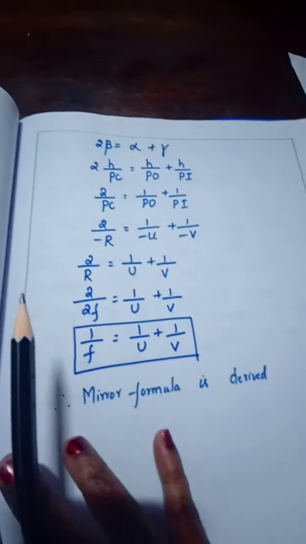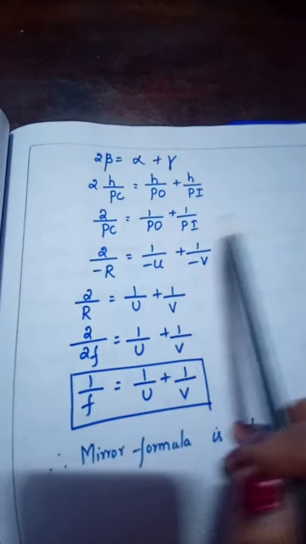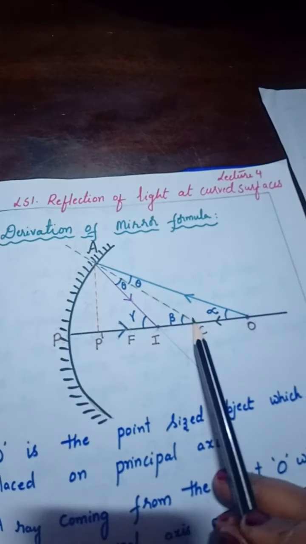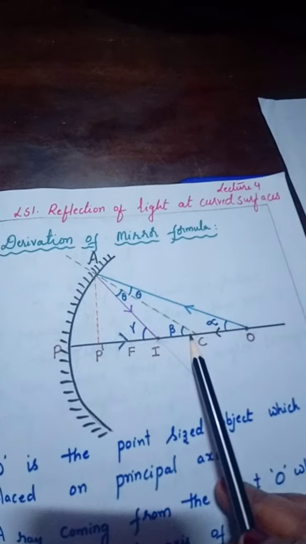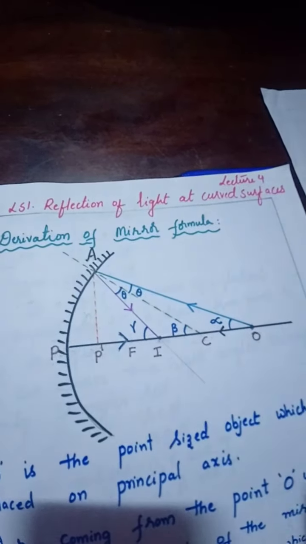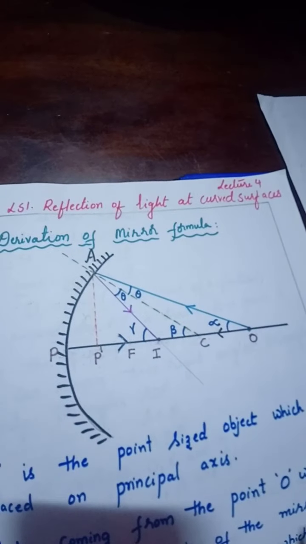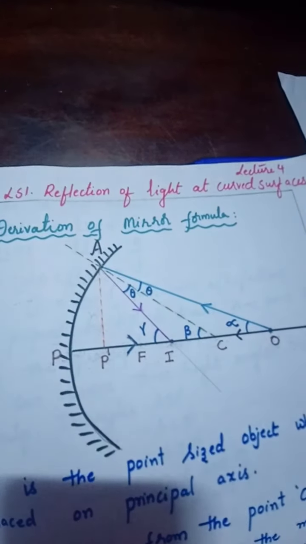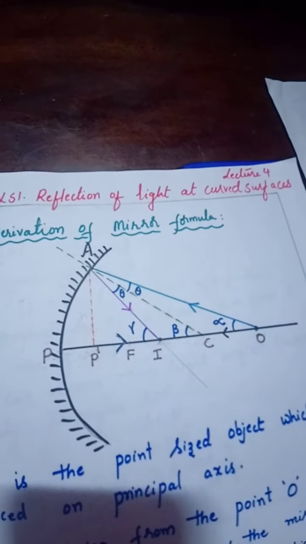So 2 by PC. What is PC? We already know that. PC, PO, PI. Let us see what is PC. Distance between pole and center of curvature is called the radius of curvature.